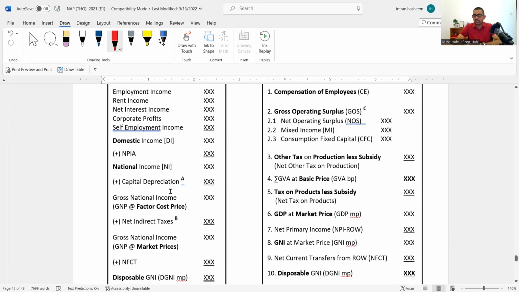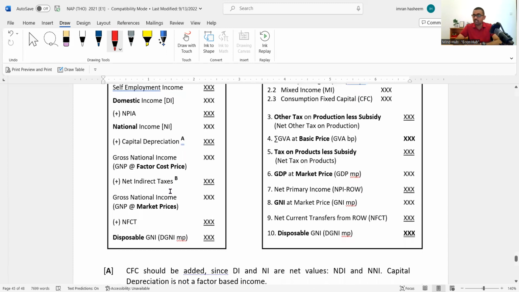And then by adjusting for tax on products less subsidies, we get the answer at market price. So number 6 is GDP at market price, or we can say GDI at market price. Okay, the answer we get here is either GVA, or we can call this GDI at basic price. GDI at basic price.